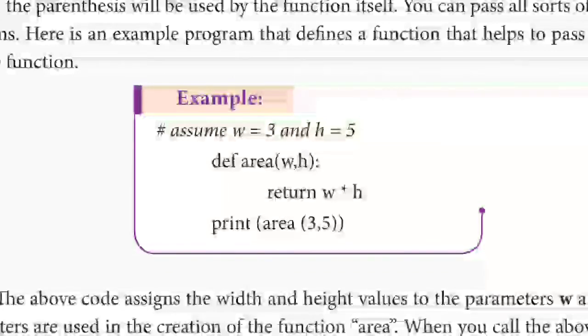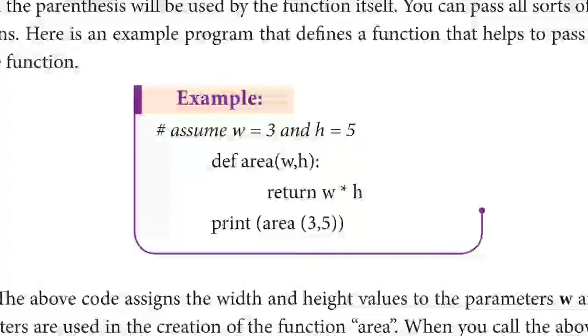You can see that the first statement is the comment section. So assume w is equal to 3 and h is equal to 5. Okay, w is width and h is height.